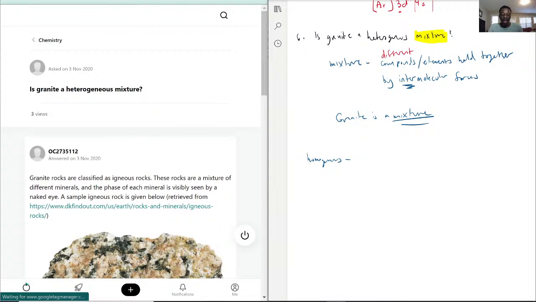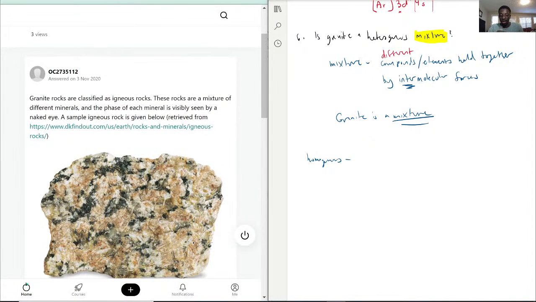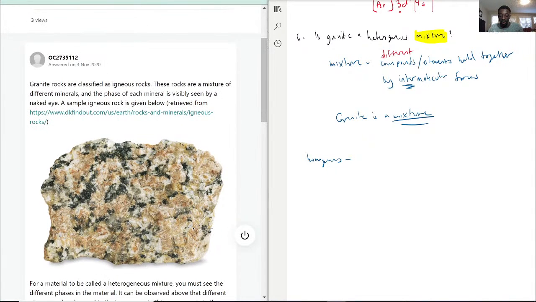A heterogeneous mixture would be exactly like granite, where you can actually see the different parts of it, the different minerals, whether through coloring and such. As they show a picture of granite here, you can see that there are definitely different parts mixed in, and you can see the different phases and different parts in this material.